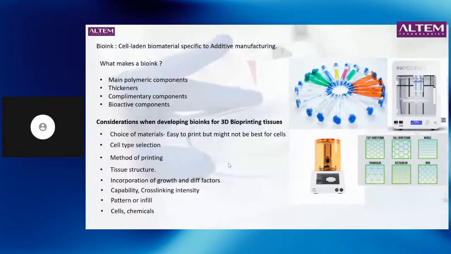Basically that is how much of your material is actually required in order to create the design you want, and how much it is impacting the mechanical stability, also keeping in mind that you have the optimum amount of material to be used. Sometimes it's not necessary to use too much material, because if you're using too much material and trying to fill the whole structure, there is also direct impact on the porosity that is required when it comes to creating a scaffold.